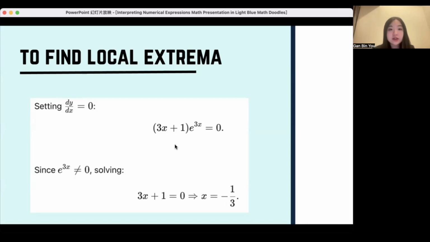And to find the local extrema, we should set the derivative of y with respect to x equal to 0. Since the exponential of 3x is not equal to 0, we solve 3x plus 1 equal to 0, and then x is equal to minus 1 over 3.